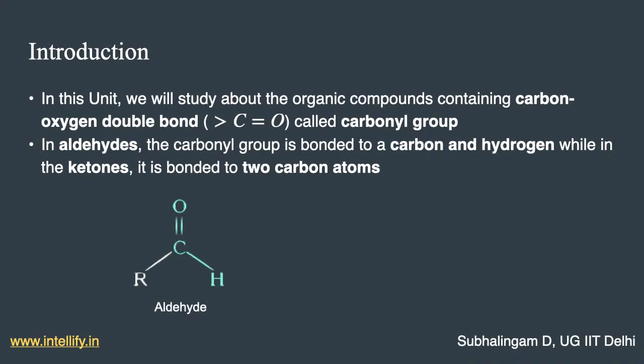The one on the left is an aldehyde, where the carbon is bonded to hydrogen, and the one on the right is a ketone, where the carbon is bonded to two alkyl groups. The general formula of an aldehyde is RCHO or ArCHO, and for a ketone it is RCOR' and other variants like ArCOR.